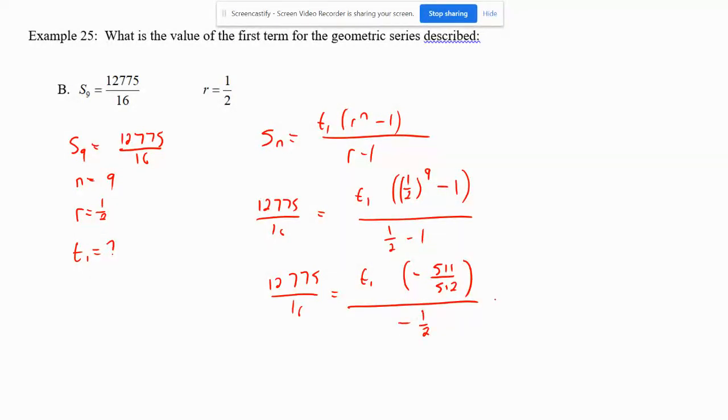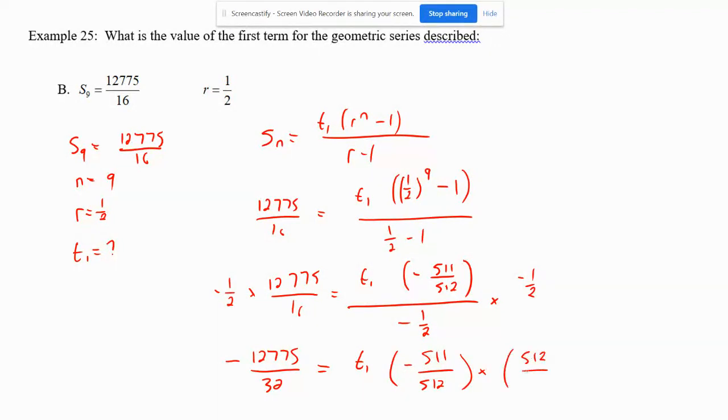Okay, I'm just going to do this in a few extra steps here, guys. I'm just going to multiply both sides times negative 1/2. Okay, and this gives us negative 12,775 over 32 equals T1 times negative 511 over 512. Because what I'm going to multiply times, I'm going to go times 512 over 511. Okay, and that means these guys are going to cancel out here and here. I'm going to multiply times 512 over 511.